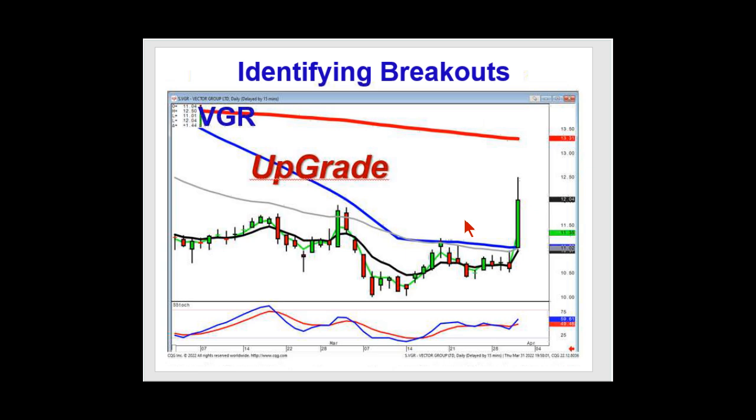Is that a change of investor sentiment? Not really. That's more apt to be just a change of supply and demand on a short-term basis, coming from everybody that follows that brokerage firm or that analyst. So you have to be a little bit more diligent as far as whether that's going to continue its uptrend.